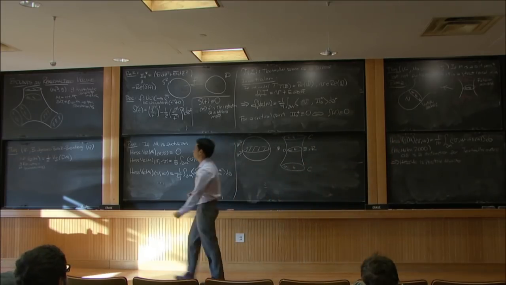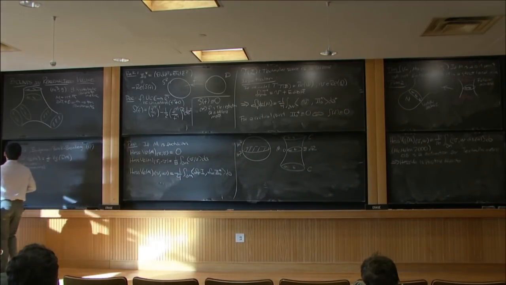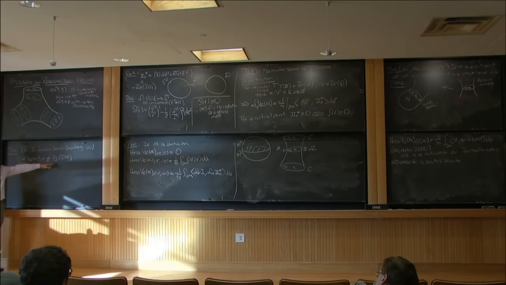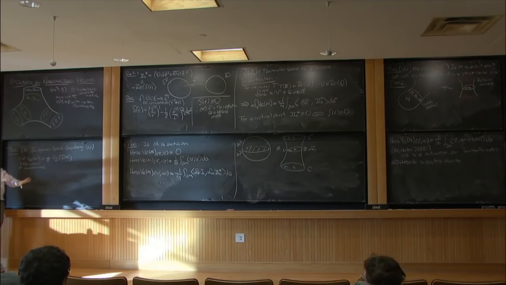And what this result says is that the infimum among all metrics equals 1/2 of this quantity. Could you say that again? So for a general 3-manifold, there is a decomposition along incompressible tori, such that each piece is either finite volume hyperbolic or Seifert fibered.